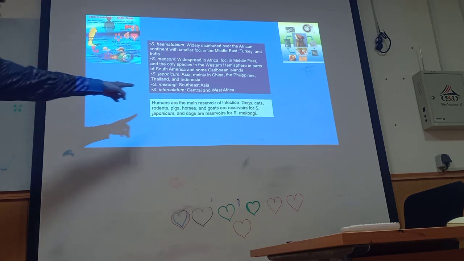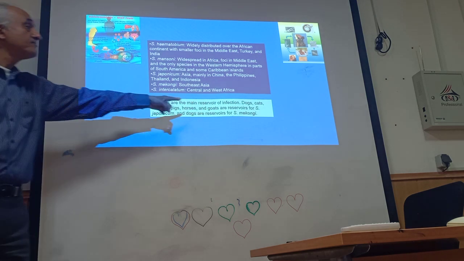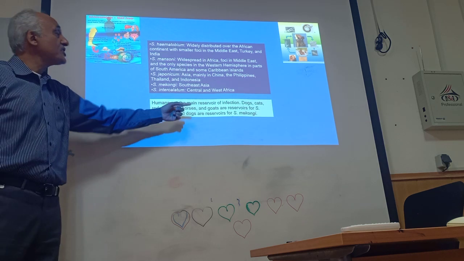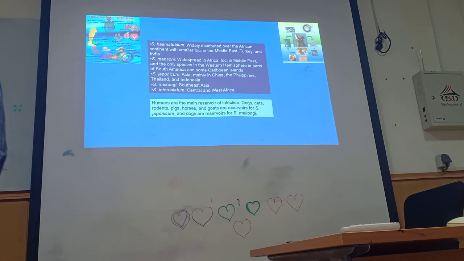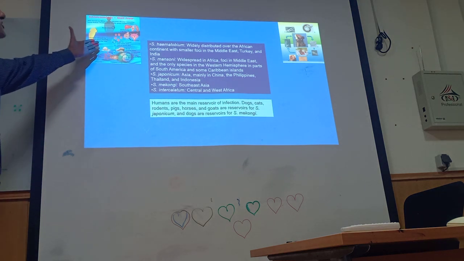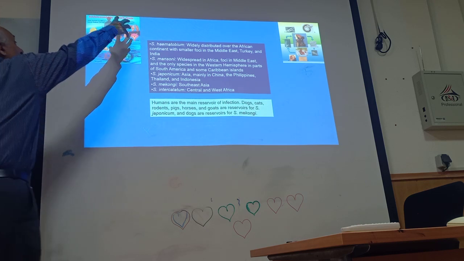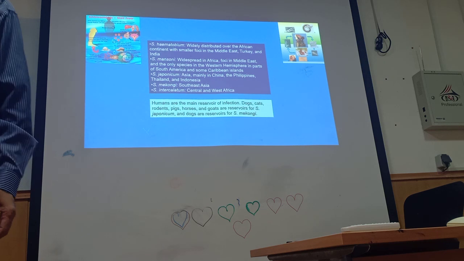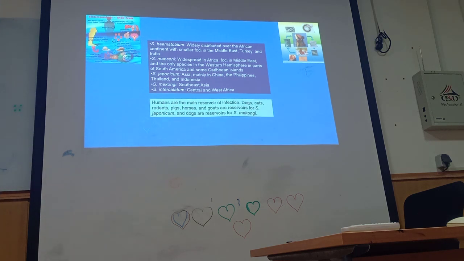So, humans are the main reservoir of infection. Dogs, cats, rodents, pigs are very important just for Japonicum and Mekongi. And also, this is a picture that shows you that we can have some symptoms and very bad consequences of infection for hematobium in the urinary system.